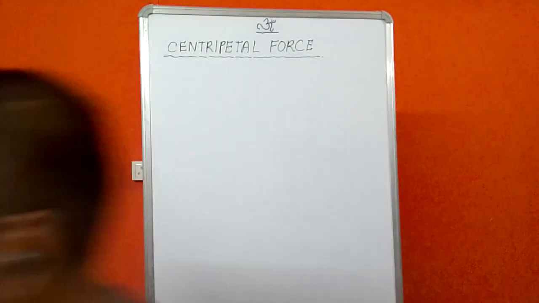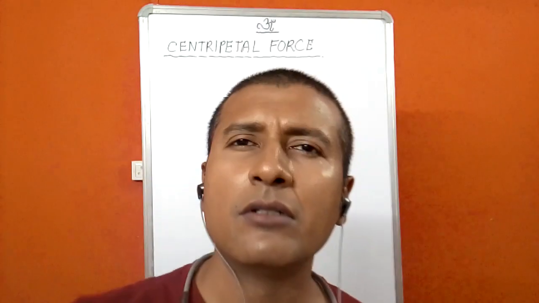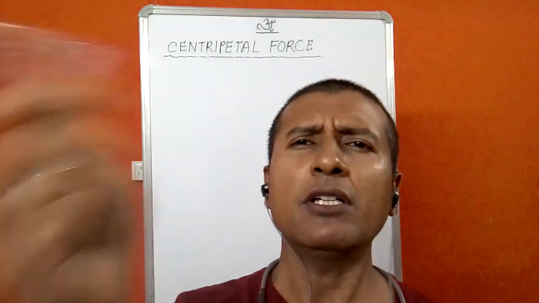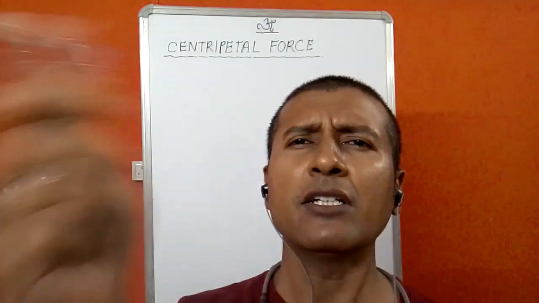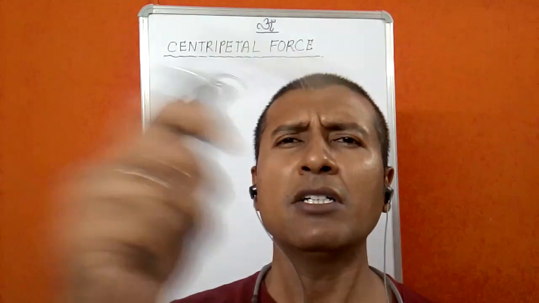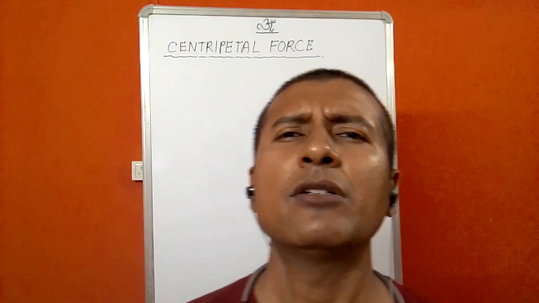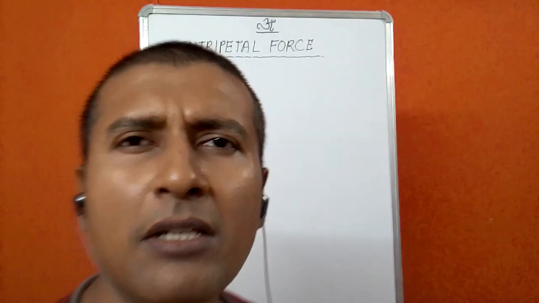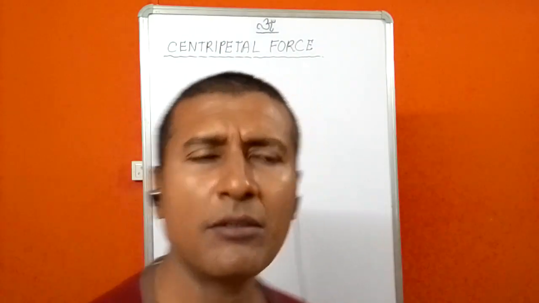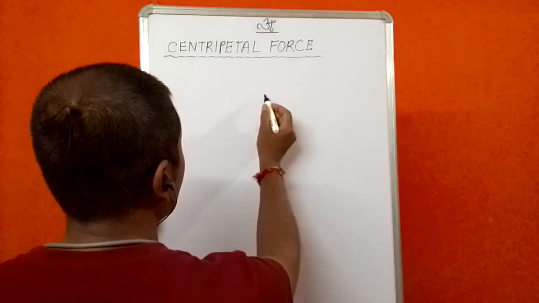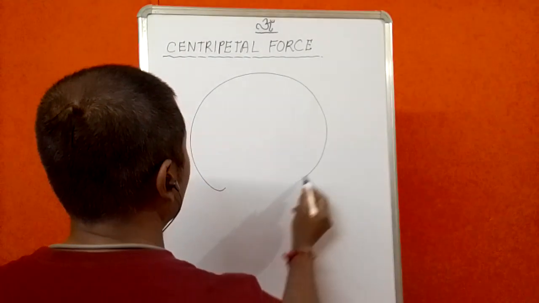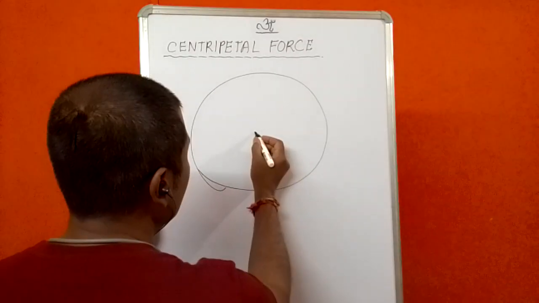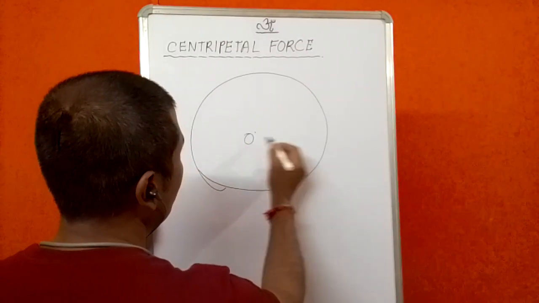For example, now look at this body, right? Now this particular body, if you see, there is a particular center and it is performing a circular motion, right? So to understand it, let's draw a diagram. Now this is a circle and this is the center, right?